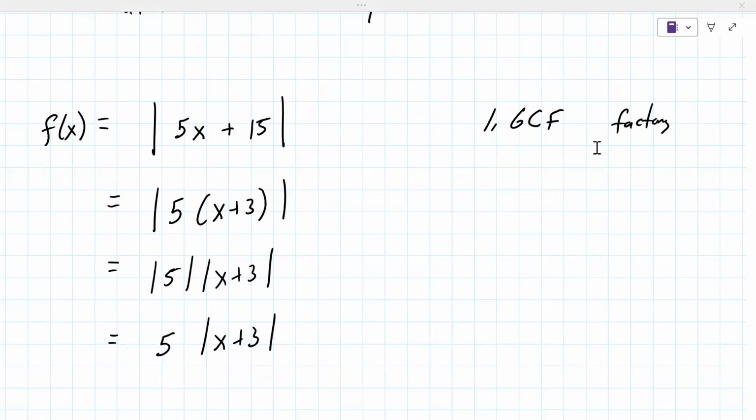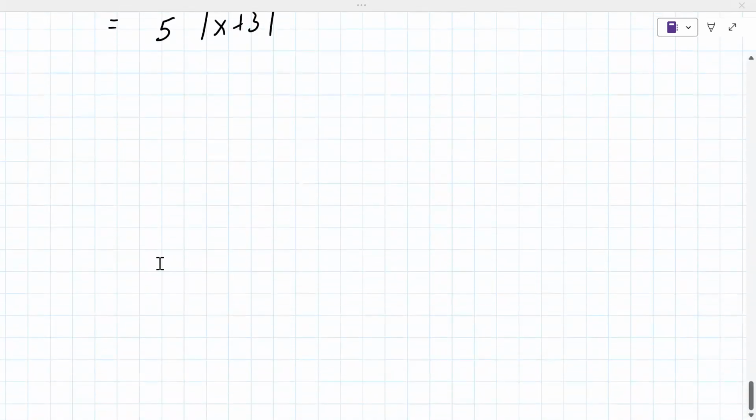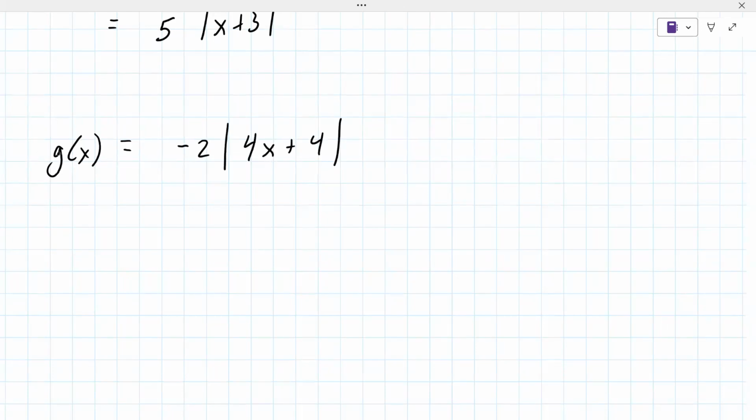Then from there you can find the transformations. Let me do a few more examples with you because I'm going to build up the difficulty. So let's say it's -2 absolute value of 4x plus 4. Okay. So now this -2 on the outside, or whatever's on the outside, it's just going to keep coming down. But you do the same thing we've been doing all along.